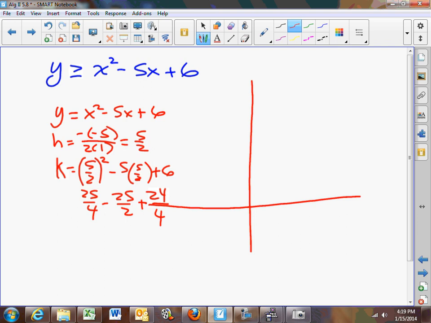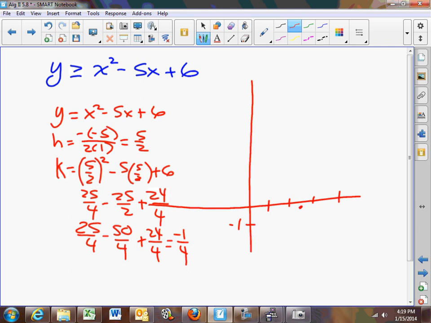So 25 fourths minus 50 fourths is negative 25 fourths, plus 24 fourths gives us negative 1/4. So we know the vertex is at the point 5 halves, negative 1/4. If we were to sketch that, 5 halves is 2.5, and so we're down here, right about there.